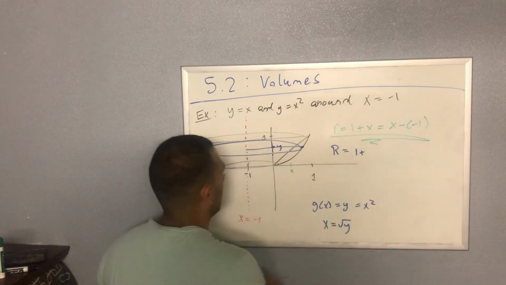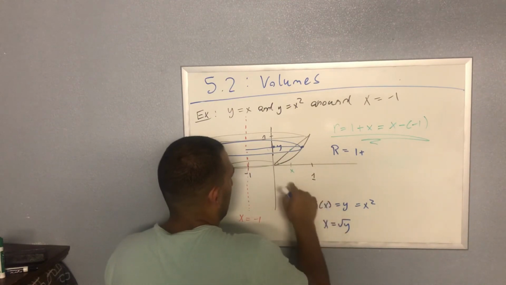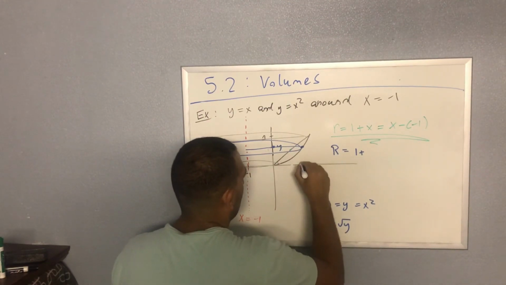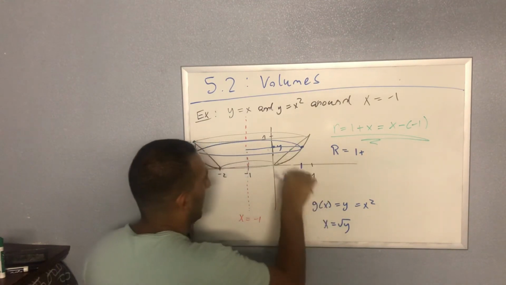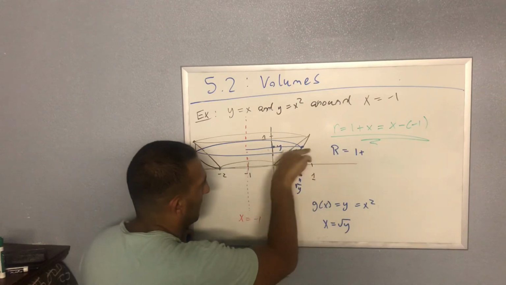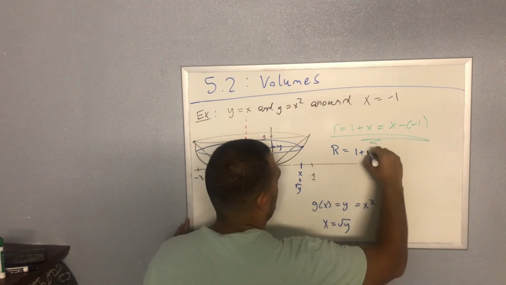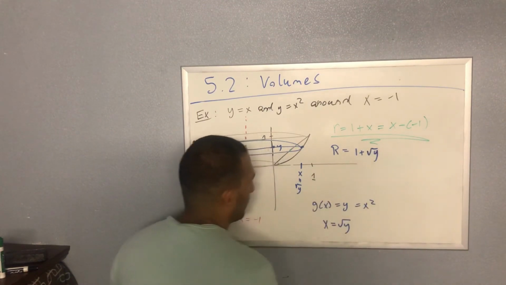So if this is the point y, then this is x, which is root y. Whatever y is, you take its square root and that tells you how far to the right to go. So this is 1 plus root y.